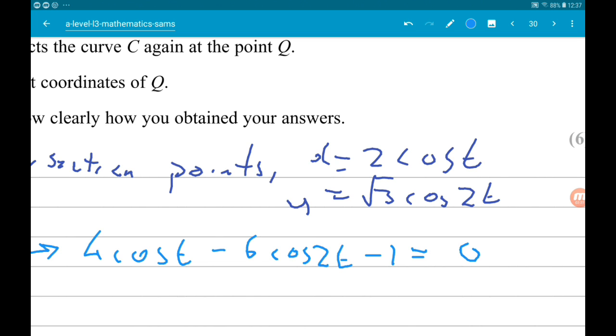Okay, so our job now then is to solve this. Good times.